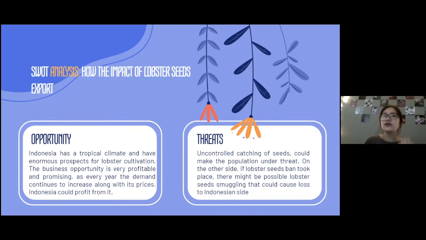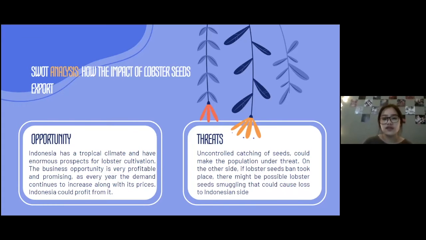Many people are looking for lobsters not only for household consumption but also for various culinary endeavors. Every year, the demand for lobster continues to increase along with its prices. So, we should not be shocked if the cultivation of lobster is increasingly popular within the community.